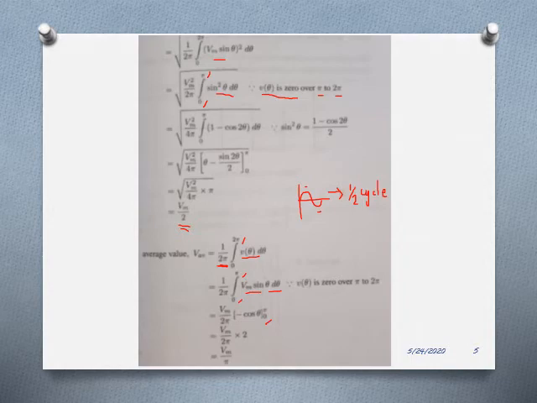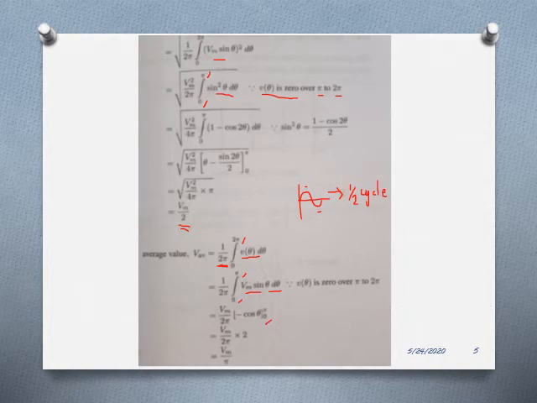V average is equal to 1 by 2 pi integral 0 to 2 pi V of theta d theta. Now the function V of theta we have split into two time intervals, that is 0 to pi and pi to 2 pi. Since from pi to 2 pi the function is 0, we are taking only the time period 0 to pi.